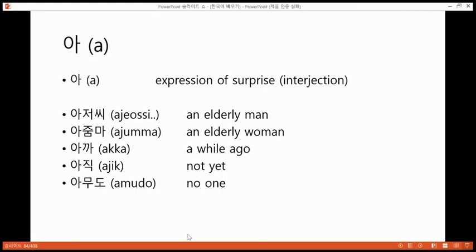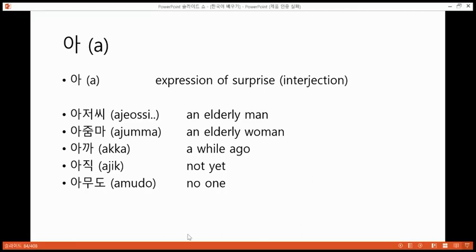In Korea, 아저씨 is the most common word to call an elderly man, which actually means Mr. However, 아저씨 is a more friendly way. But people want to be called 사장님. Can you say 사장님?